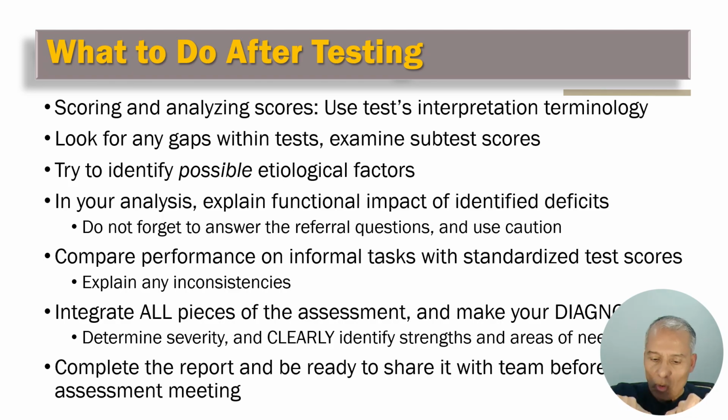the performance on an area that is related, like a working memory score that is below average, like say digits or word recall or sentence recall. These scores, how do they connect with comprehension, with the ability to follow directions? So you can use one score to interpret performance in another score.